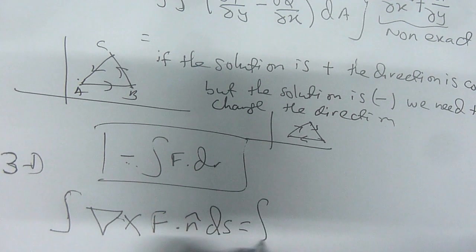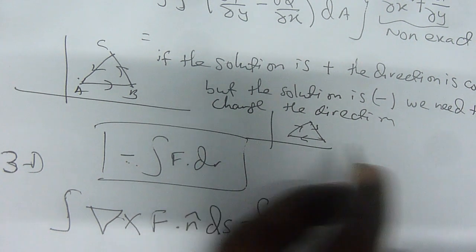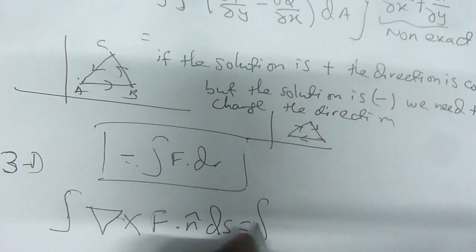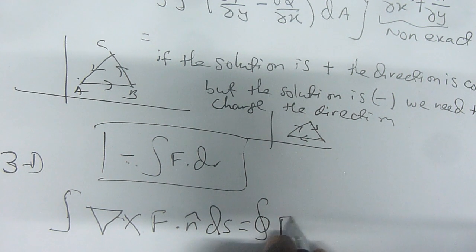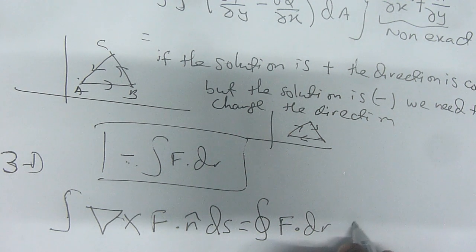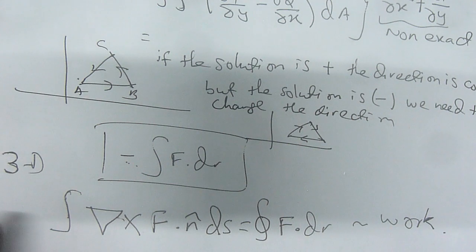Explaining the same thing, the same curl is basically a closed loop. And very important, you must remember, is defining dr, and we are still referring to the work. But the work is for the 3D environment.